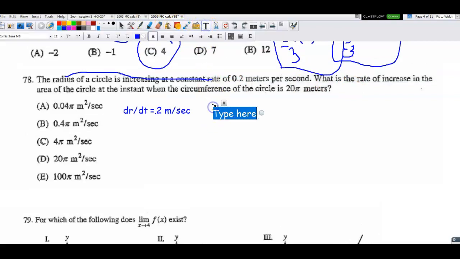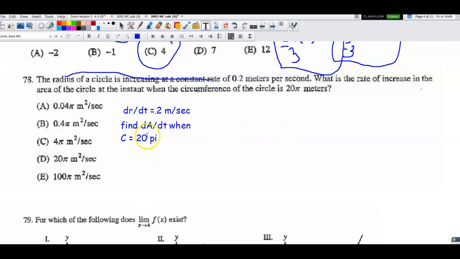The question is, what is the rate of increase of area? So what they're asking me to find is dA/dt when the circumference C is equal to 20 pi.